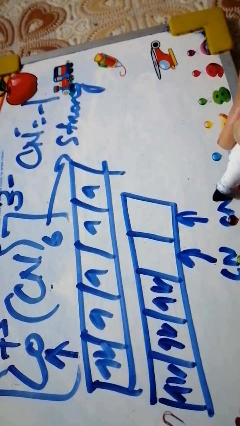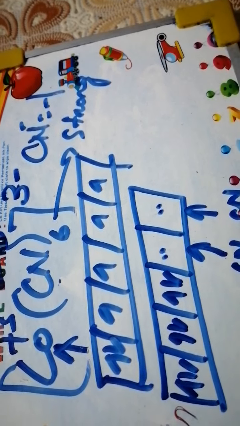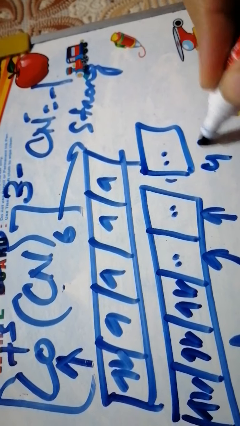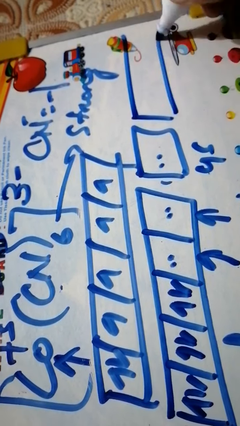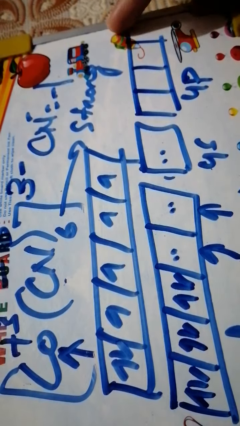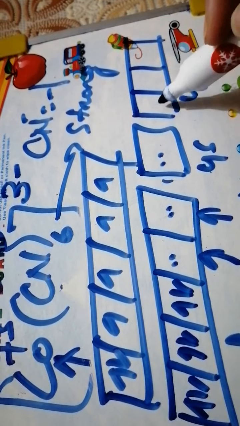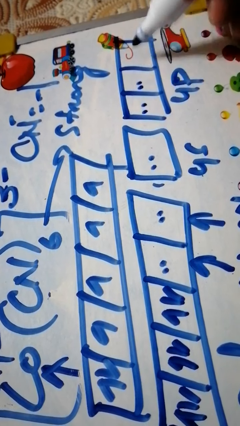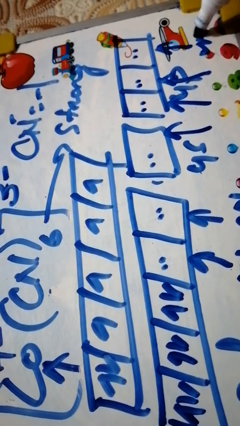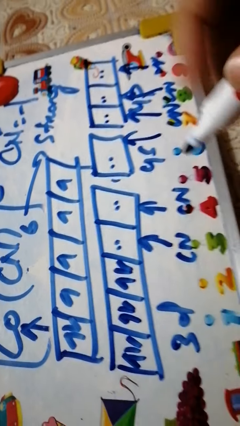Cyano will occupy the d places, 3d, right? Then we need 6 places. After 3d we need to fill 4s, and after 4s we need to consider 4p, right? So 1 2 3 4 5 6, we are done with the 6 places: cyano, cyano, cyano, cyano, every time cyano is coming up.